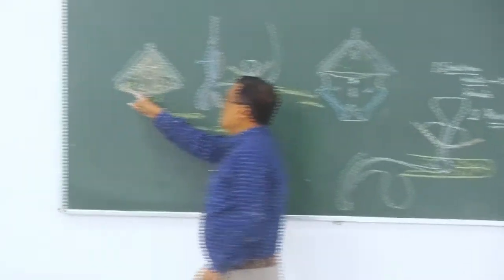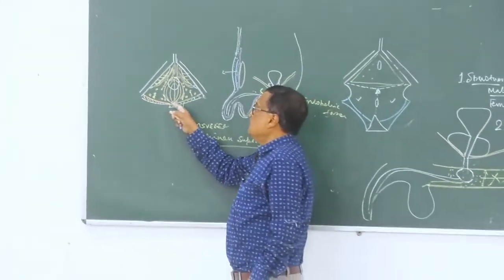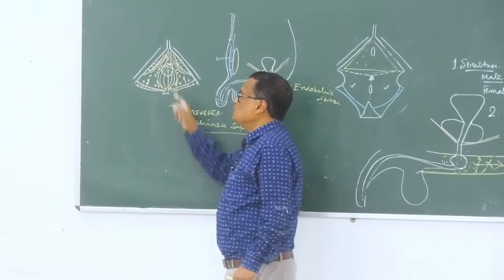There is a muscle present transversely from the ischiopubic rami to the perineum.